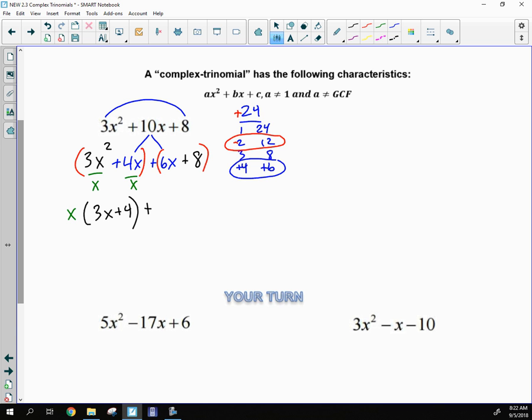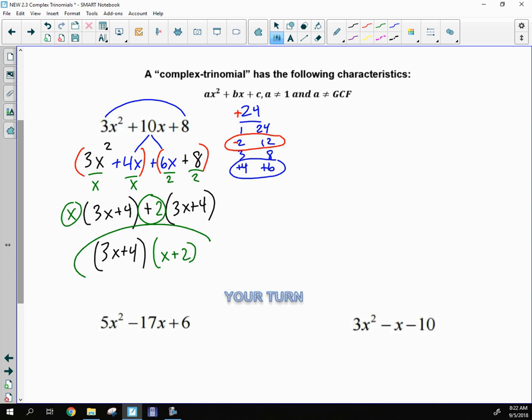The GCF here would be 2. So we take it out, that's 3x plus 4, and again, this is where you can see that we're doing it right. You've got the matching parentheses, so you have 3x plus 4, and then the x and the 2 in the front go into their own parentheses, so you have x plus 2. That's your answer. So I'll show you this a couple more times, a couple more examples.